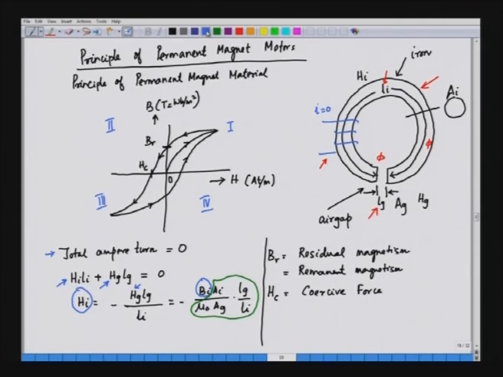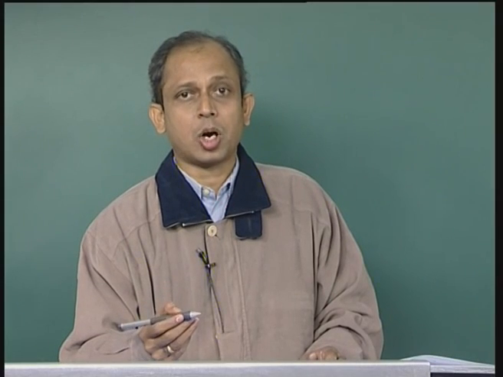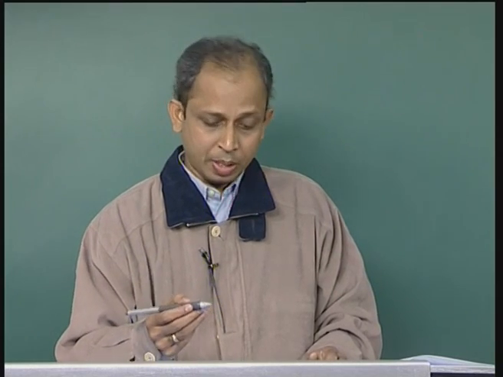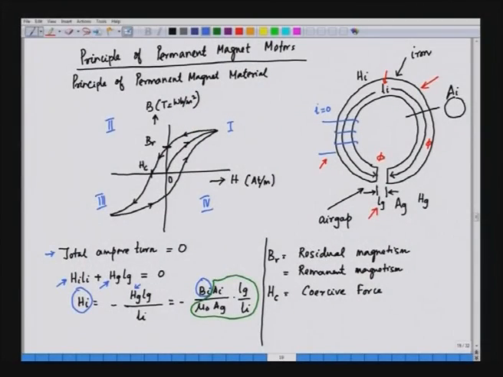So, we see that in the first quadrant both B and H are positive. In the second quadrant B is positive, but H is negative. It means one quantity is positive, other quantity is negative, so signs are opposite to each other. Then in the third quadrant we see that B is negative, H is also negative. And in the fourth quadrant we see that H is positive and B is negative.